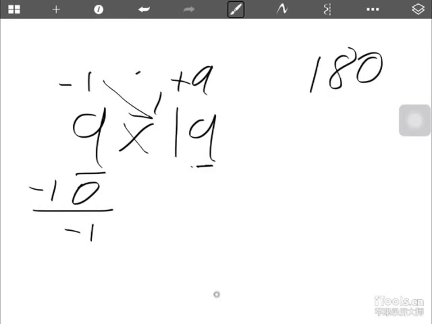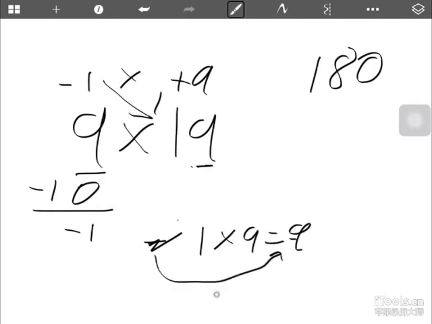And multiply these two small numbers. And once again, if you're not comfortable, just don't look at the negative symbol and positive symbol. So we'll have 1 times 9, and that is equal to 9. And bring the minus here and paste it here, so we'll have minus 9.